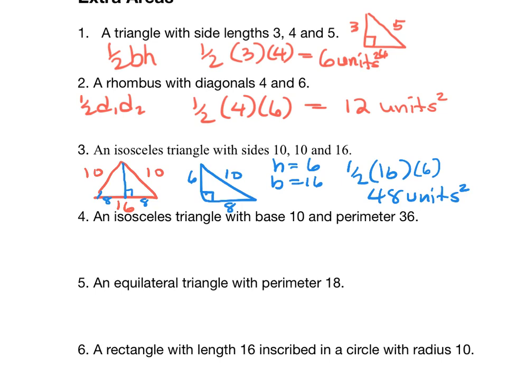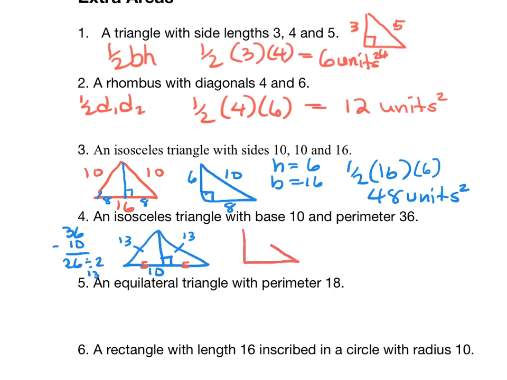Another isosceles triangle. This time it's got a 10. I'm going to take 36 because they told me the entire perimeter. Subtract the 10. Remember that these two sides are congruent, so divide this by 2. So each of these are 13. So again, here is my right angle. So again, it splits it.